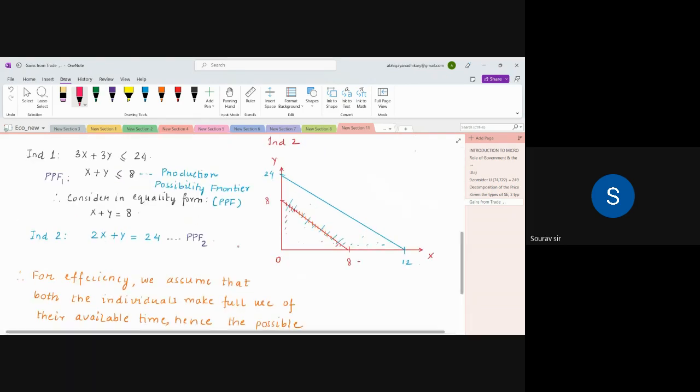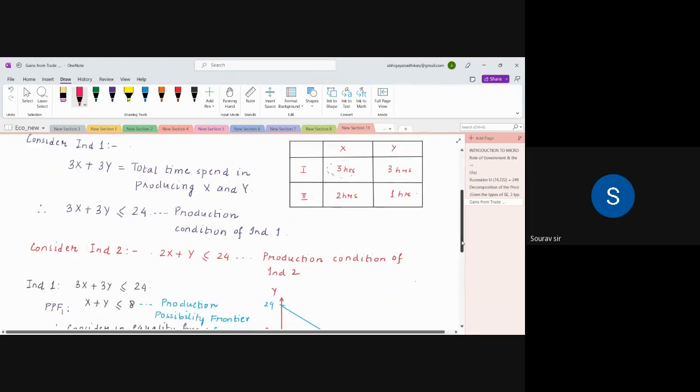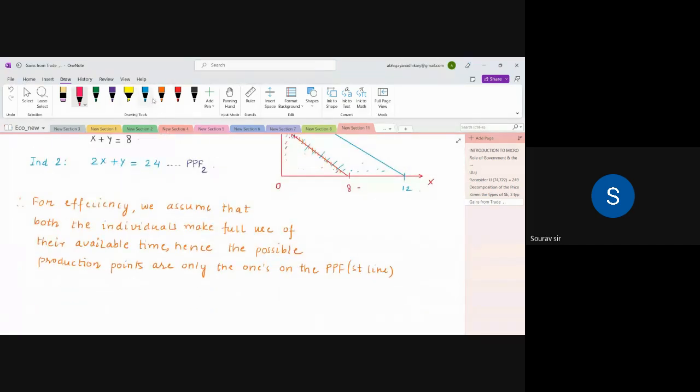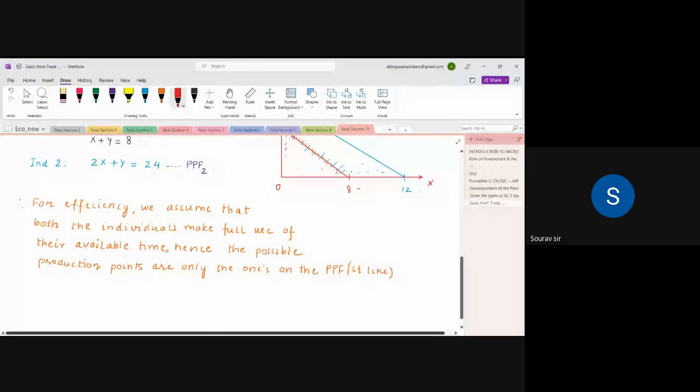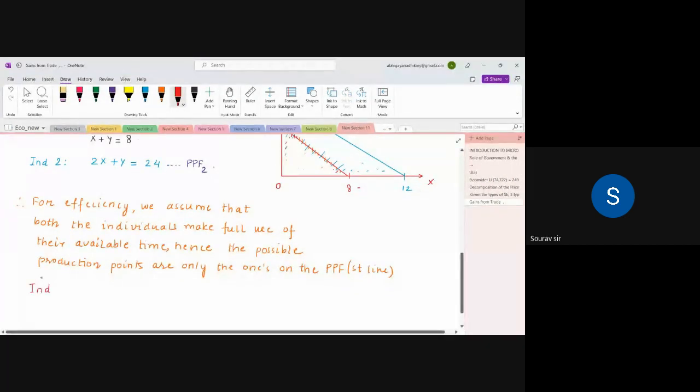Now coming to the question, since we have been given these two equations, does anyone remember what the slope of the budget line implied for us? Let's take individual 1 for instance. The PPF now becomes x plus y is equal to 8.